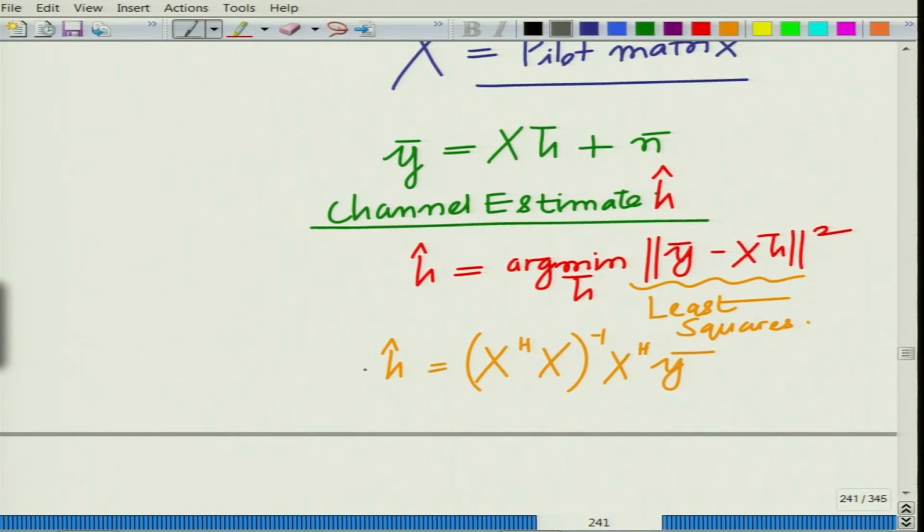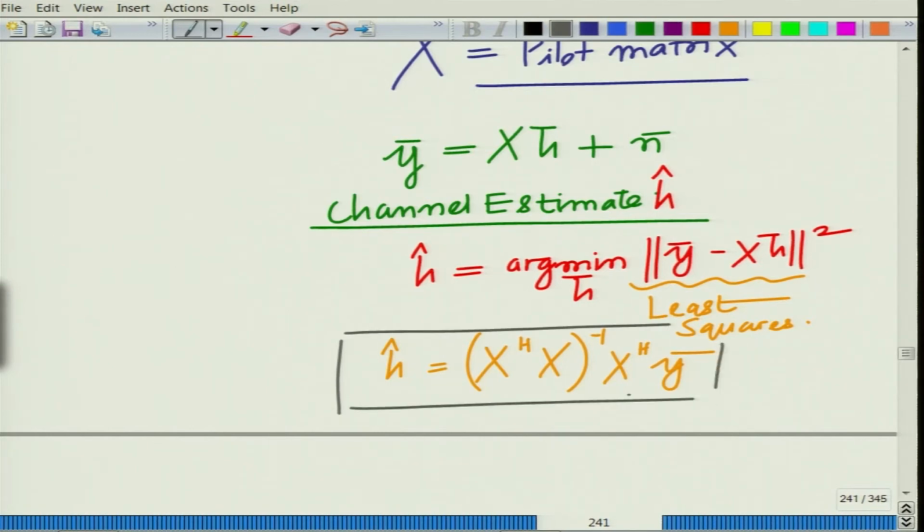So, this is essentially your channel estimate, and this is how the least squares can also be used for channel estimation in a wireless communication system.